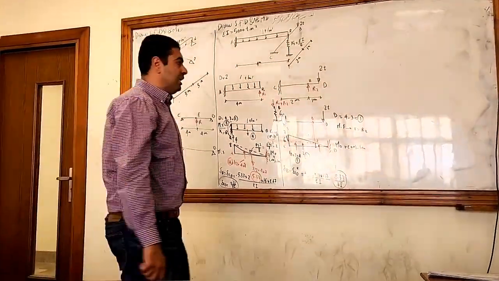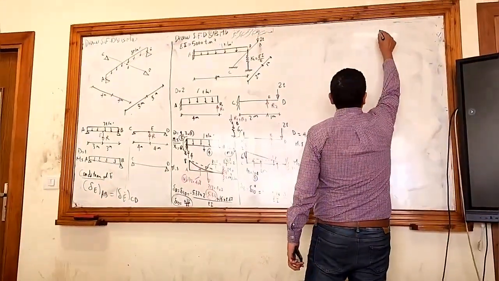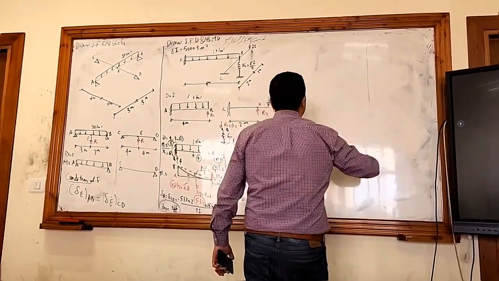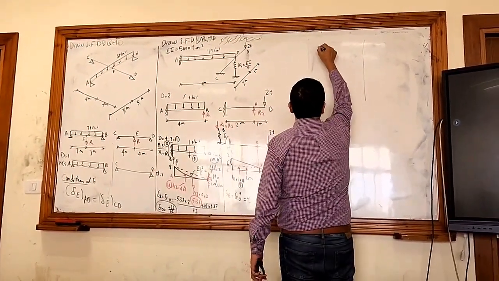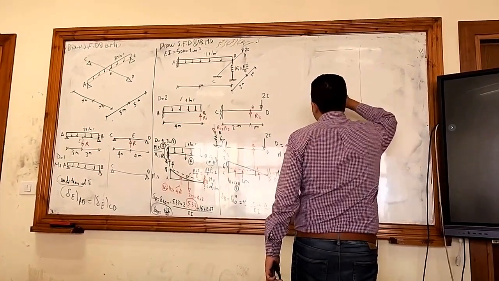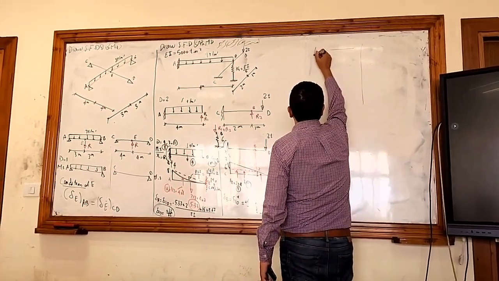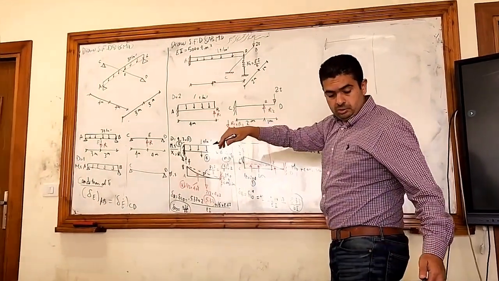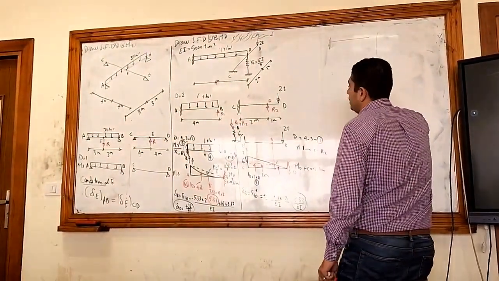Case 1 for each part. The first part, which is AB, this is the main system without any loads. I already took the loads in case no. This is case 1.